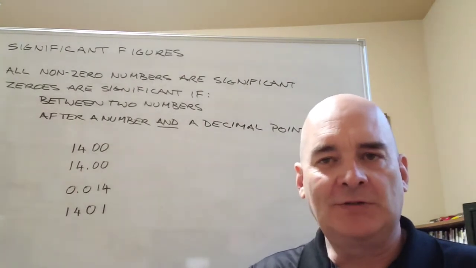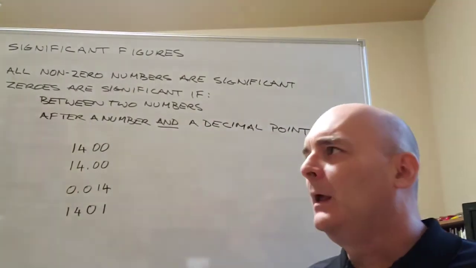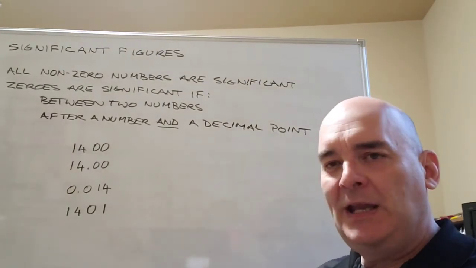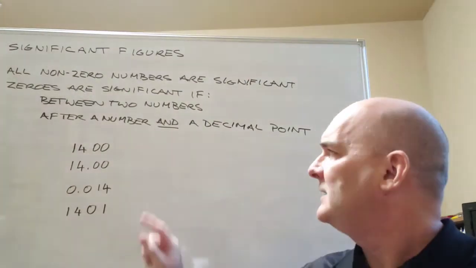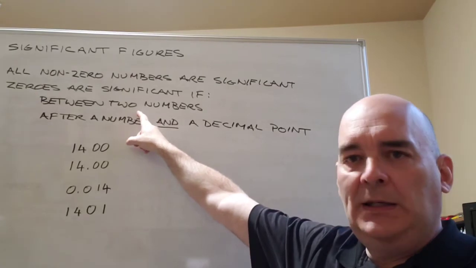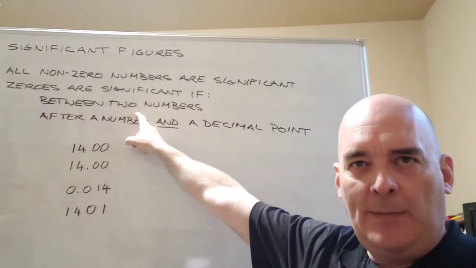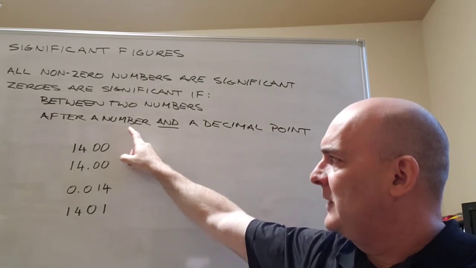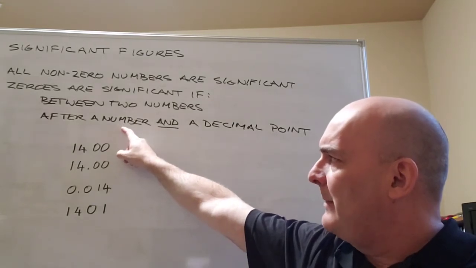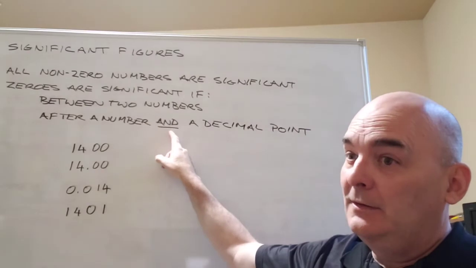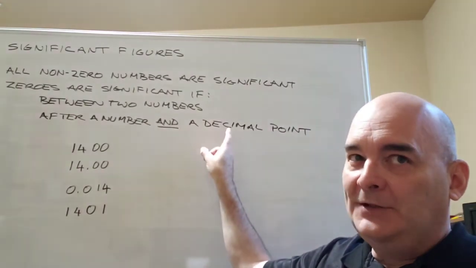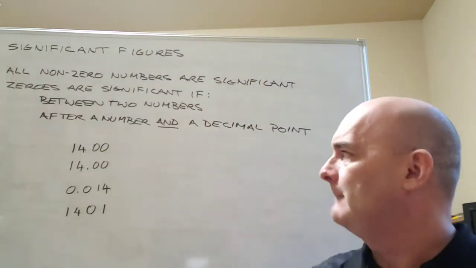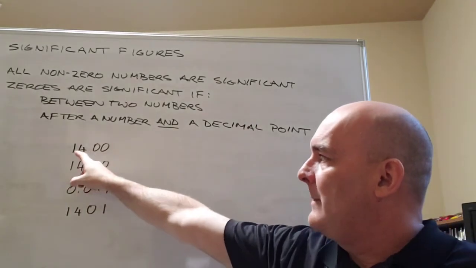Sometimes they are significant and sometimes they are not. Zeros are significant if they are sandwiched between 2 other real numbers. And they are also significant if they are after a number and there is a decimal point.